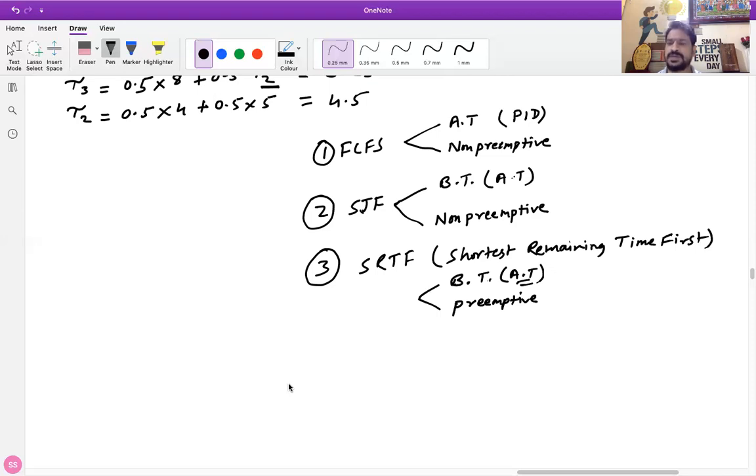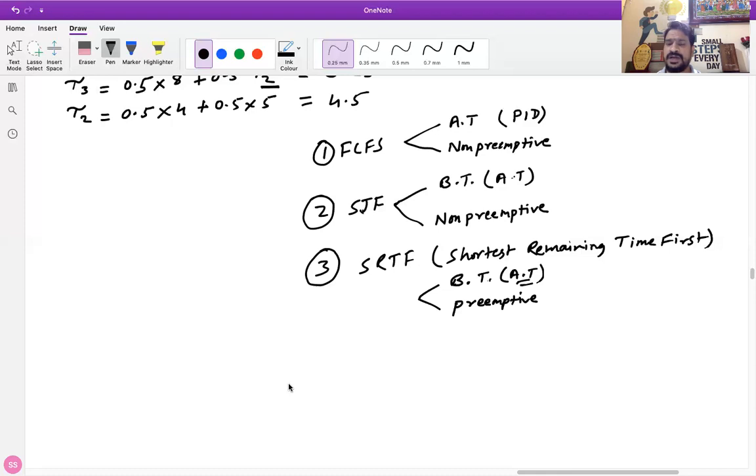So the previous process running on the CPU will be forcefully deallocated and put onto the ready queue, and the process with higher priority will be allocated the CPU. This is one criterion. The second criterion may be that the time quantum is finished for the process running on the CPU.